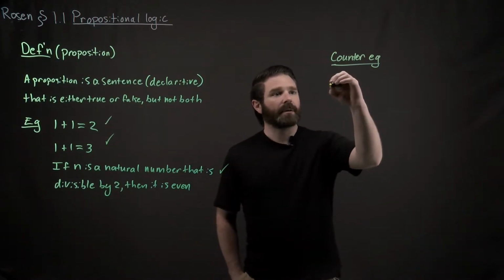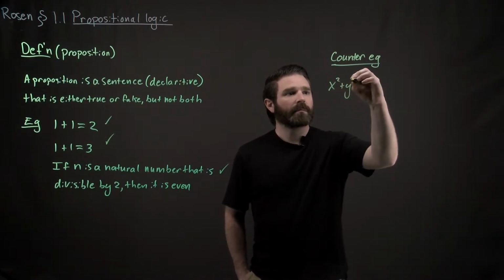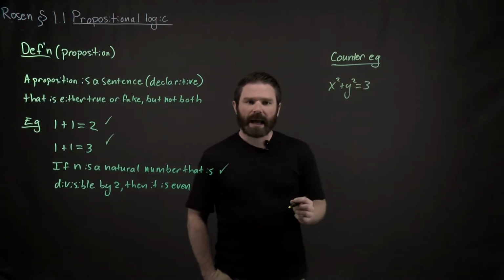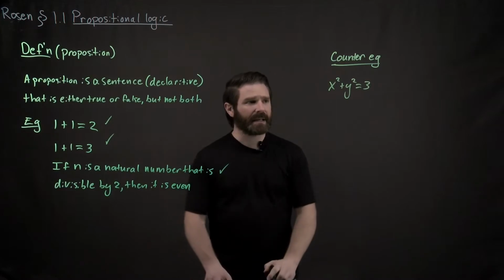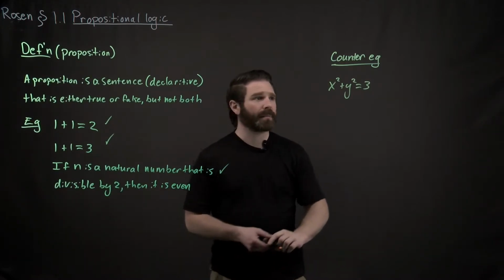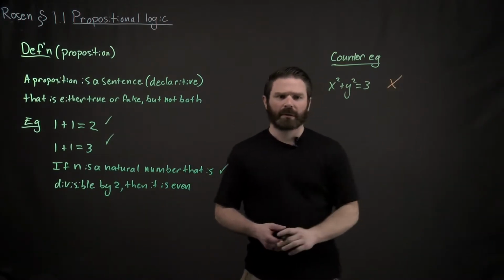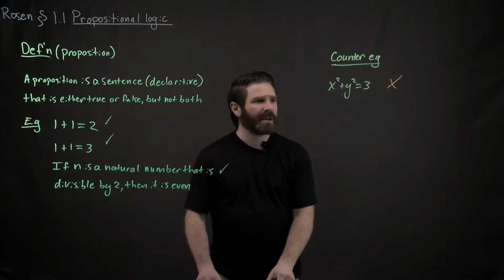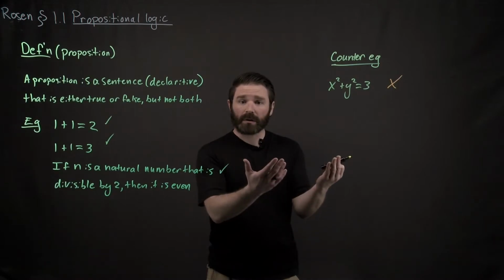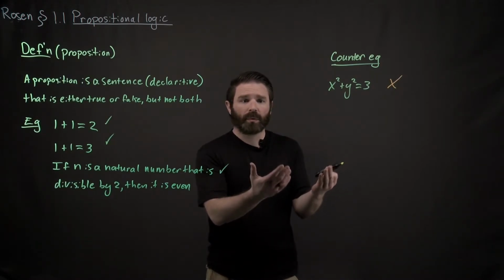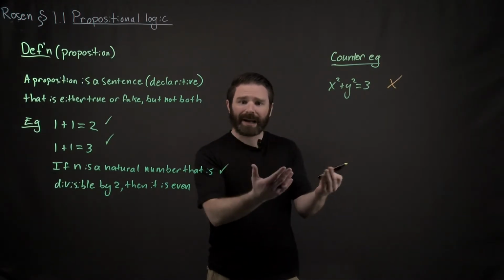So in particular, x² + y² = 3. This here is not a proposition. Why is it not a proposition? Well, we have no idea if this thing is true or false without knowing what x is and what y is.